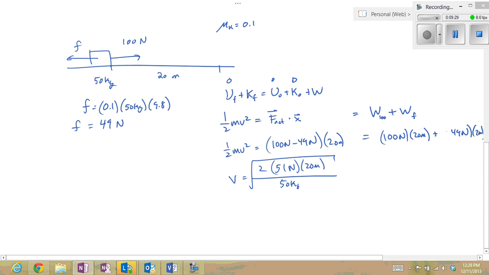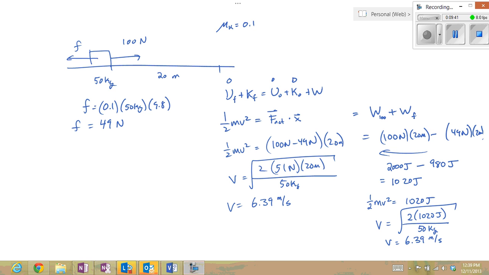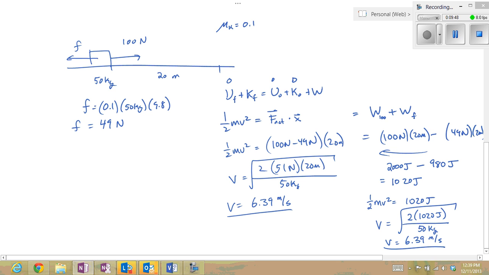Maybe I better say it as minus 49 times 20 meters. And you'll notice that this is the same effect as the previous problem. Completing the solution for both of these methods, you can see that the end result velocity in either method is the same.